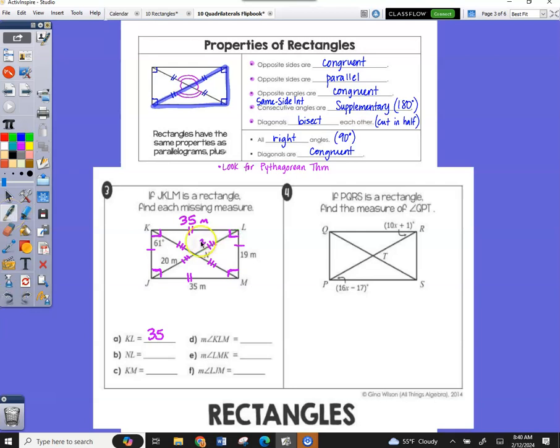So 20. Now KM. Who's saying that? And how'd you get it? If this is 20, remember we said it's 4 equal parts, so this is 20 and this is 20. Yes, it would be 40. So these were length. This is angles.